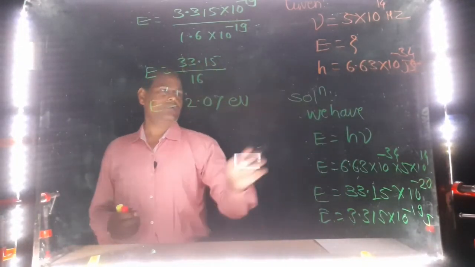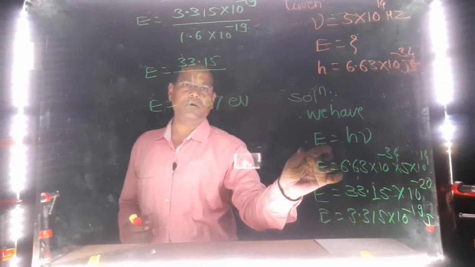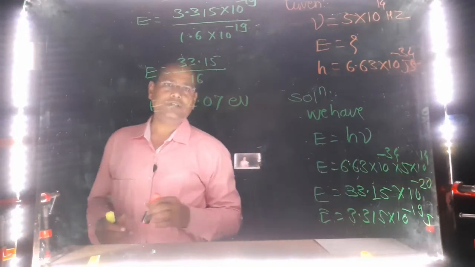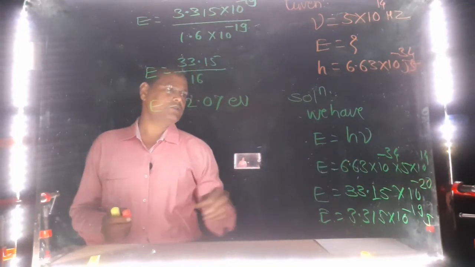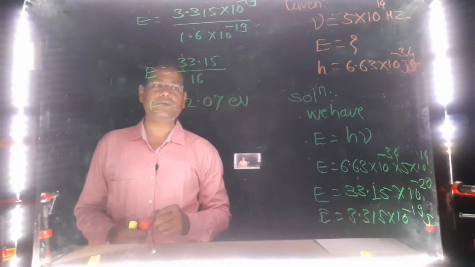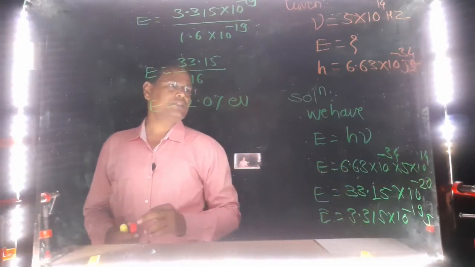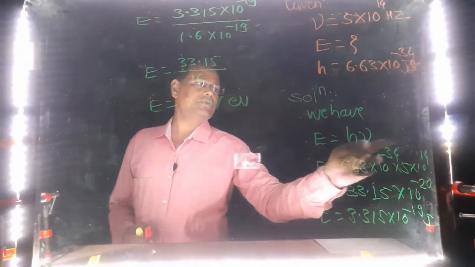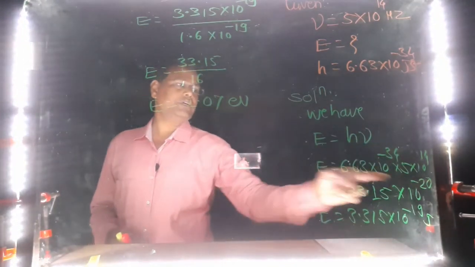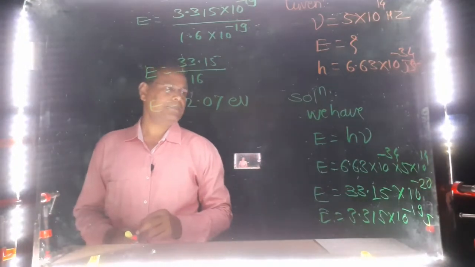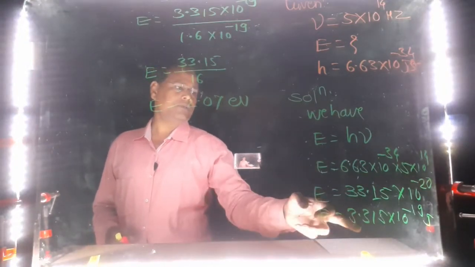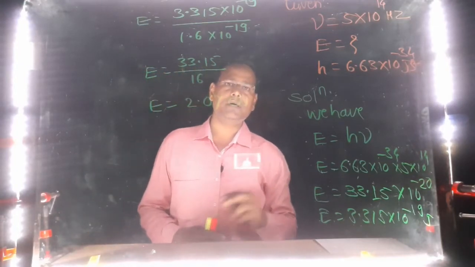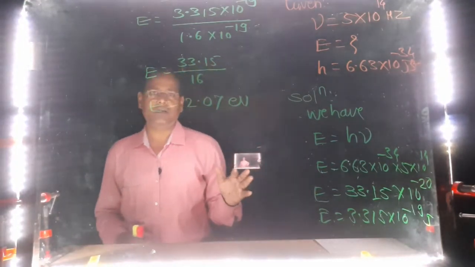We have the relation: energy of photon E = h nu. Putting the values, 6.63 × 5 is 33.15, and 10^-34 times 10^14 is 10^-20. Adjusting the decimal point, 3.315 × 10^-19 joule, but we require the answer in electron volt.